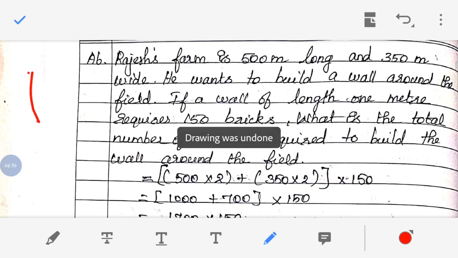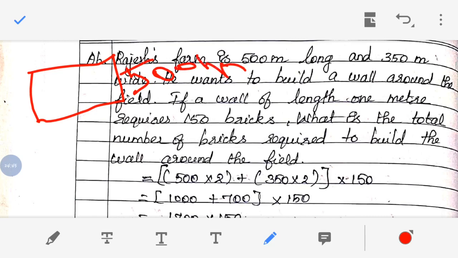So the field will be like this, and the length is 500 meter. 500 meter long. And it is 350 meter wide.